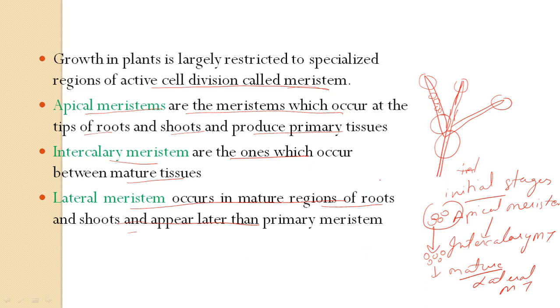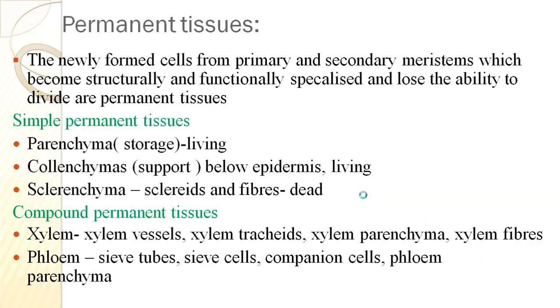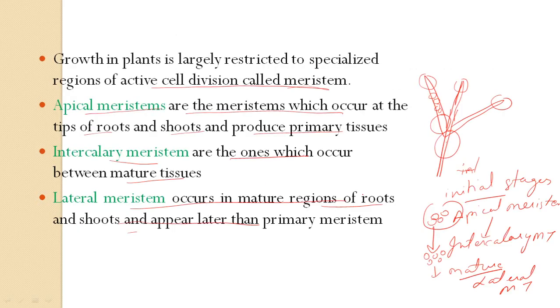So depending upon the age or the time passed since the formation of a cell, the position of the meristem changes. In the first days it is apical, after that it becomes intercalary, and after intercalary that group of cells attains the position of a lateral meristematic tissue. So finally we have ended up with meristematic tissue.